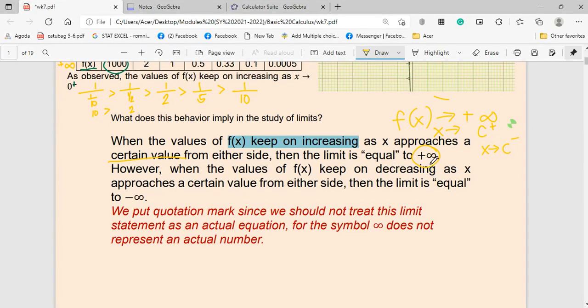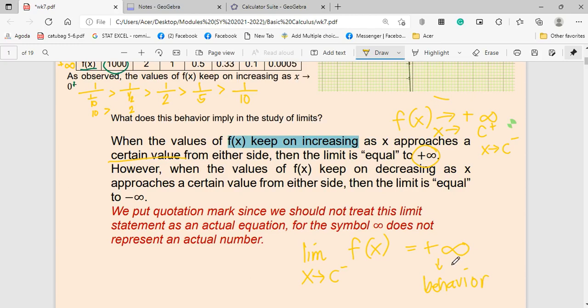Meaning to say now, class, it may happen that f of x just keeps on increasing or decreasing. Then if it keeps on increasing, sasabihin mo daw, positive infinity. Why do you need to tell that? Because you are now referring to the behavior.